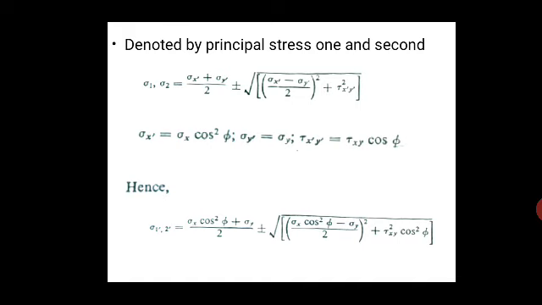Hence the principal stress equation can be written as sigma 1, sigma 2 is equal to sigma x into cos square phi plus sigma y by 2 plus or minus root of (sigma x cos square phi minus sigma y by 2) whole square plus tau xy square into cos square phi. This is about the third method, that is, the oblique incident method.